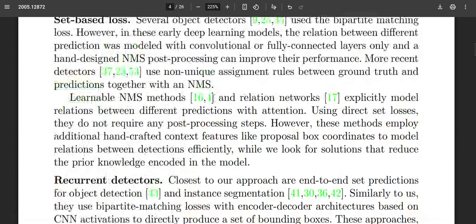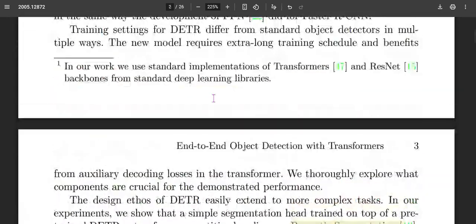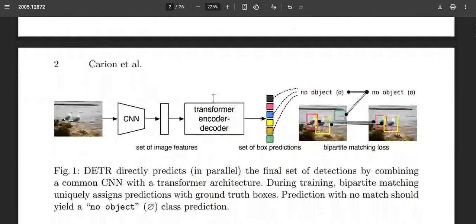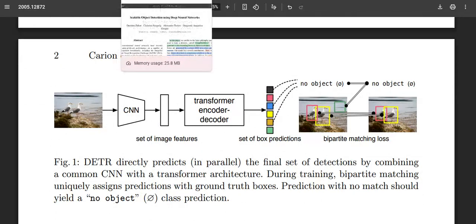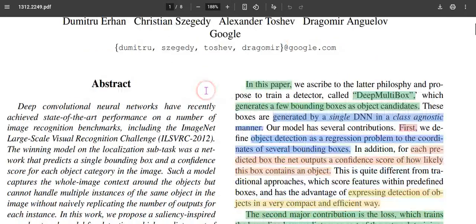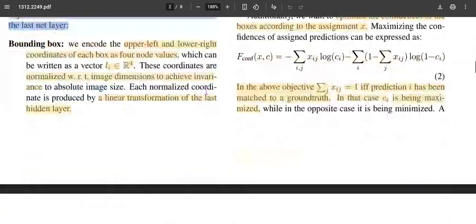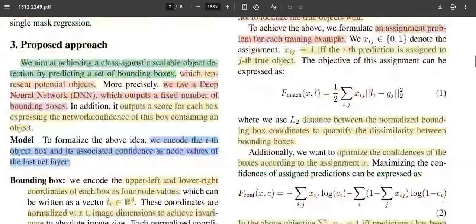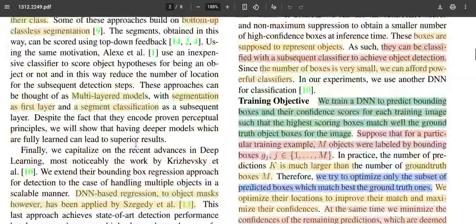But here I want to give you a bird's eye view, based on two things. One, like I mentioned earlier, this paper is purely based on the multi-box based architecture, like I explained, which formulates an assignment problem, taking an input image of a certain pixel size and trying to predict k bounding boxes.